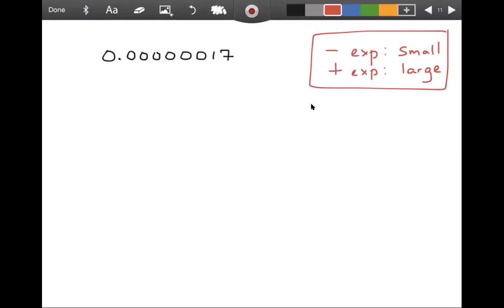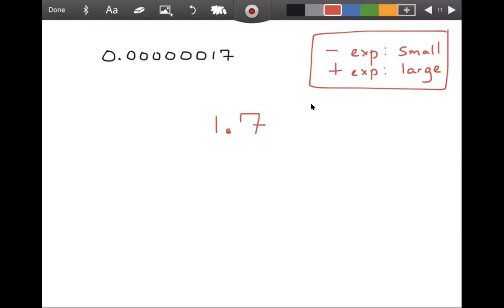Okay. So the way that I like to do this is to, first of all, figure out where the decimal point would have to go in order to make correct scientific notation. Remember, that number that sits in front has to be between 1 and 10. So that means the decimal point should go between the 1 and the 7. All right, and this is a very small number, which means it's going to be 1.7 times 10 to a negative exponent.